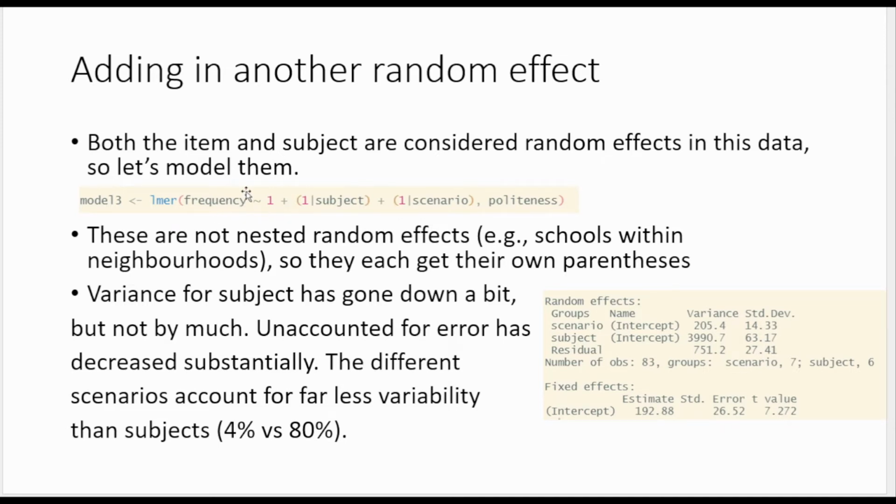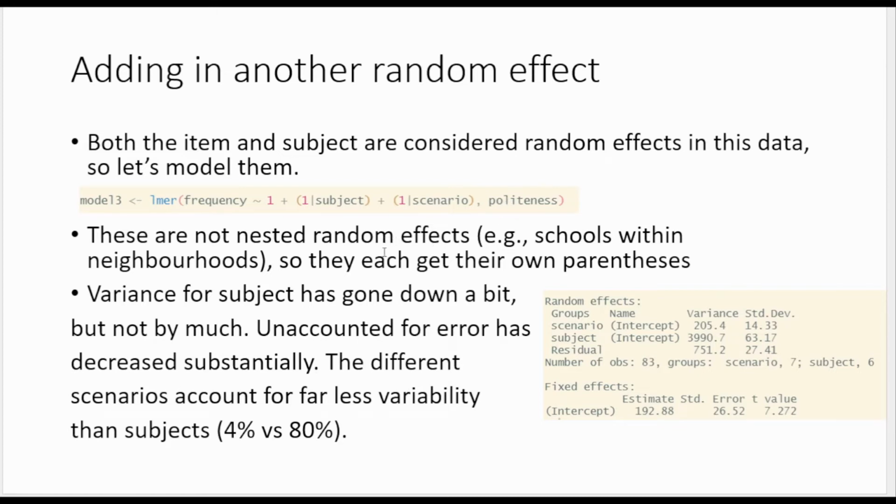See how the code has changed. We're still predicting frequency, still including the intercept, and then we're including the random effects of subjects plus the random effects of scenario, and then modeling by the politeness dataset.